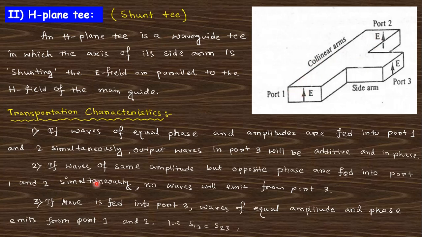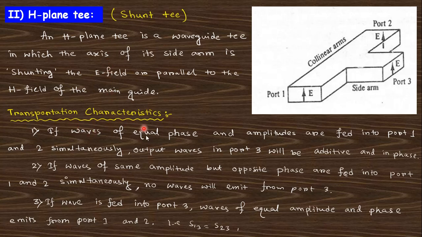In the previous case, the electric field was along that direction, and in this case the magnetic field will be in that direction. That's why this is called the H plane T, right? That means the H field is in the same plane as the collinear arm.